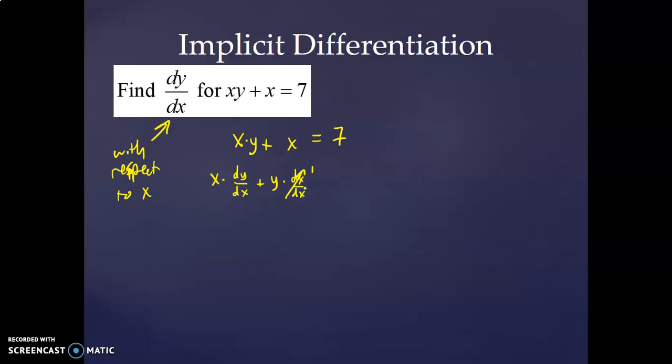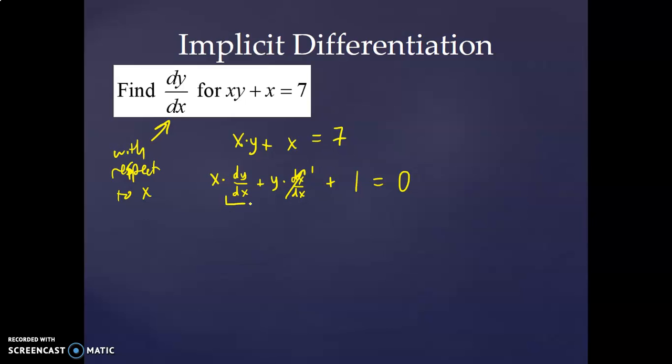So both of these terms came from x times y. We use the product rule there. The derivative of x is 1, and the derivative of a constant is 0. Now again, instead of writing 1, we could have written dx/dx, but that's going to simplify down to 1.